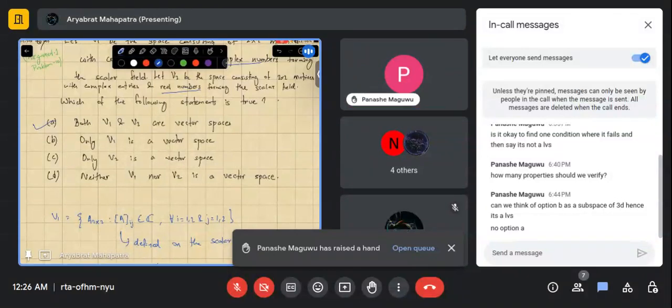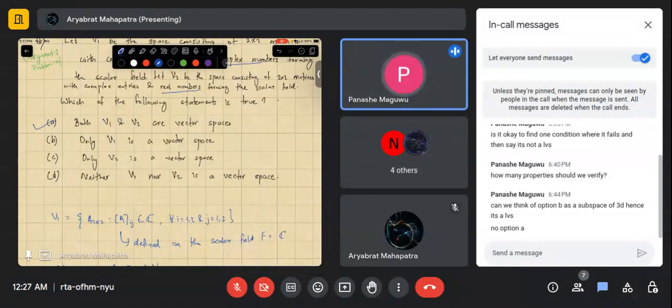I think Panasa has a question. I wanted to ask for V2, what if we say that the entries of the matrices are real and the scalar field is complex?